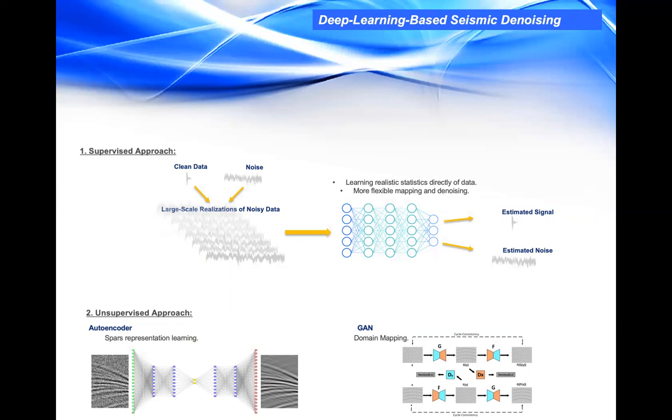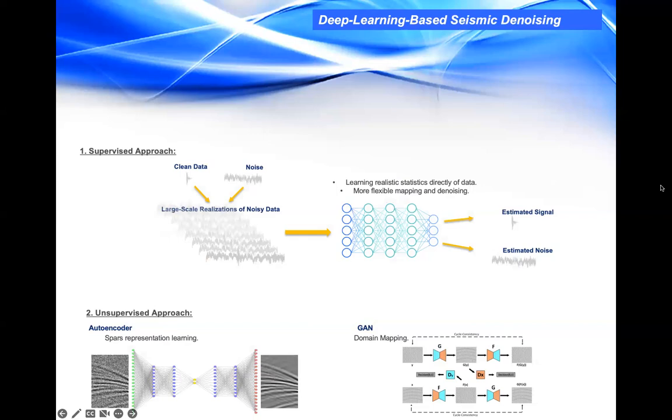So to overcome difficulties of obtaining a good distribution of realistic noisy data and their clean pairs, the unsupervised methods rely on the sparse representational learning characteristics of neural networks, some variants of them like autoencoders, to attenuate the incoherent noise without a need for labels, or to use generative models to learn basically domain mapping from noisy data domain into the clean signal domain.